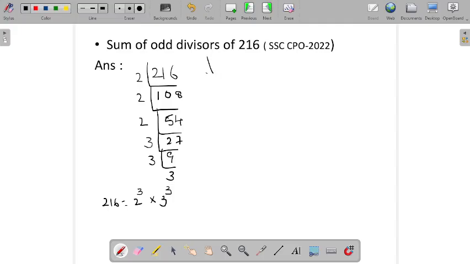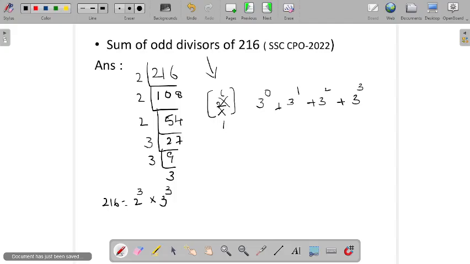Here to find the sum of all divisors, the answer can be written as 2 power 0... no, since it is odd divisors we should not take 2 powers. We should take only 3 factors: 3 power 0 plus 3 power 1 plus 3 power 2 plus 3 power 3.